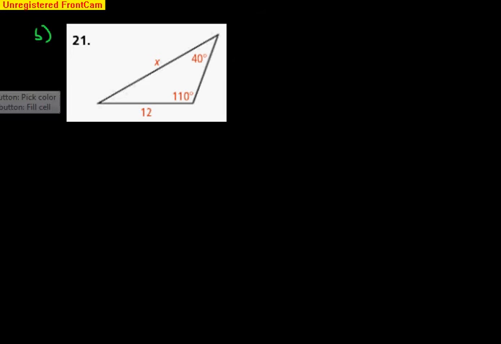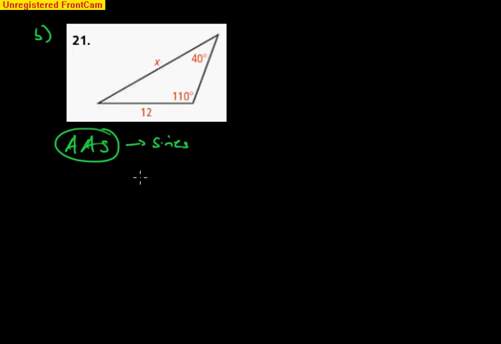And again, always identify what you have. In this problem, I have angle, angle, side. And that means sines. So we need to use the law of sines to solve this problem. So I will label my triangle A, B, C, A, B, C. I am looking for x, so I'm looking for b, so I have to use the b's.